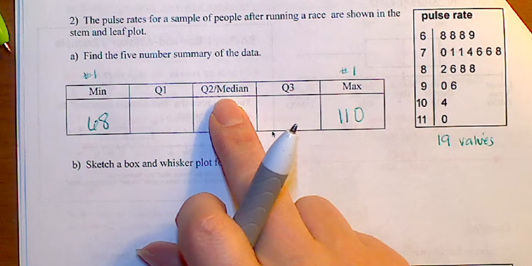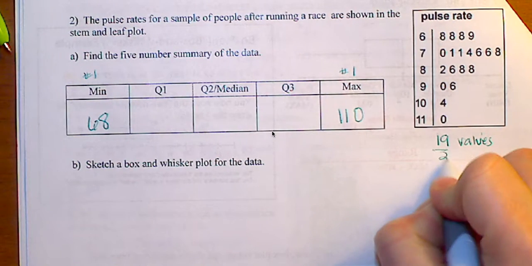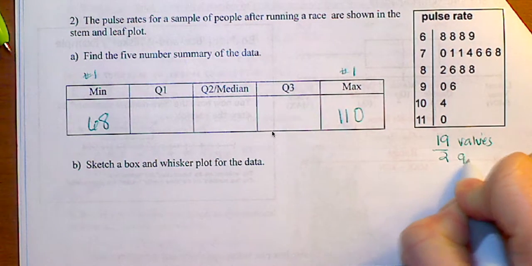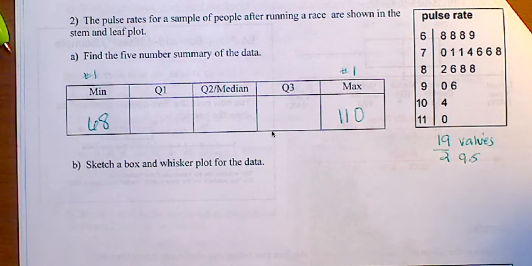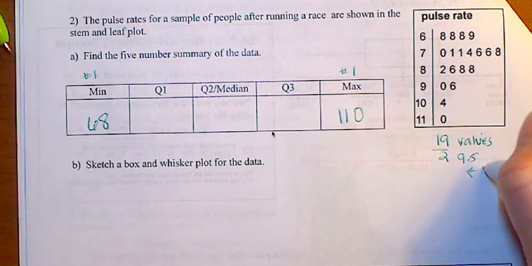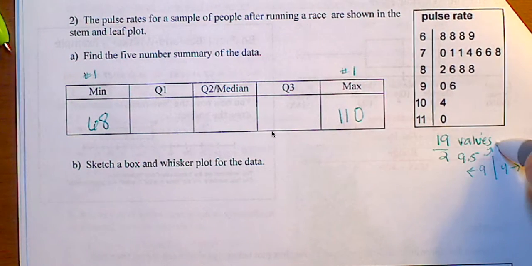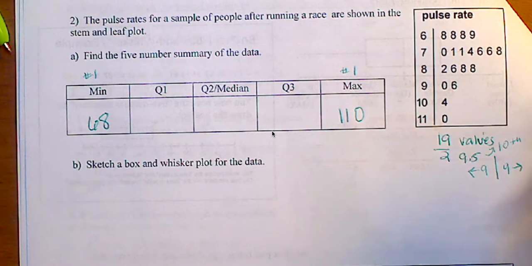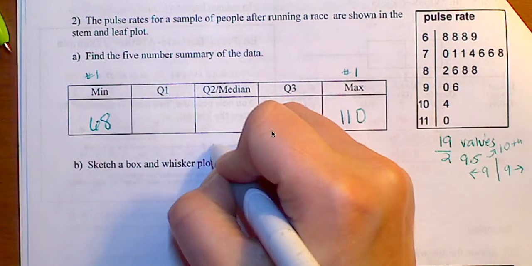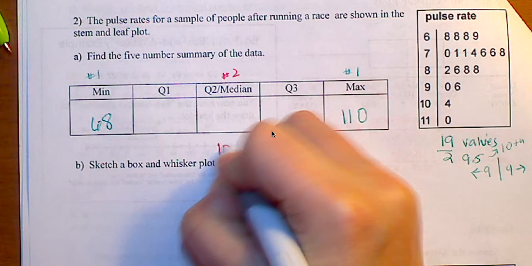To find the median, we take 19 and divide by 2, which gives us 9.5. What does that mean? That means that 9 values are going to be to the left, then we'll have our median, and then there'll be 9 to the right. So if we bump this up to the next whole number, that would be 10. We're looking for the 10th value.